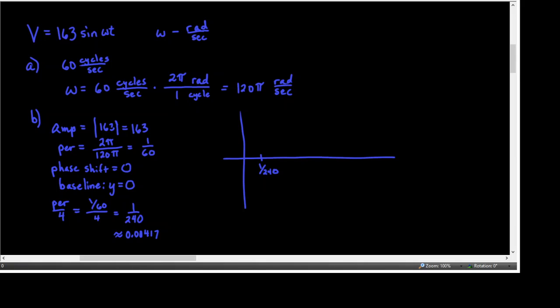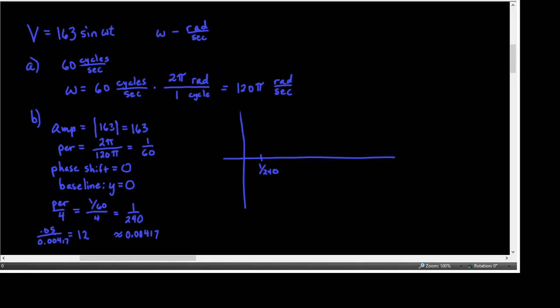Okay, so if I divide that into 0.05, I can see how many marks I'm going to need. And so 0.05 divided by that answer is 12 marks.